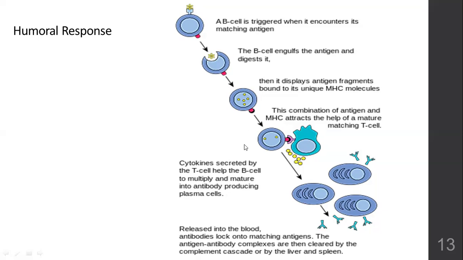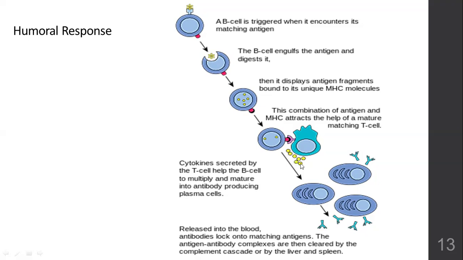For the antibodies to be secreted, helper T cells and B cells have to come together. You can see here, this is a B cell and a helper T cell that came together in union.